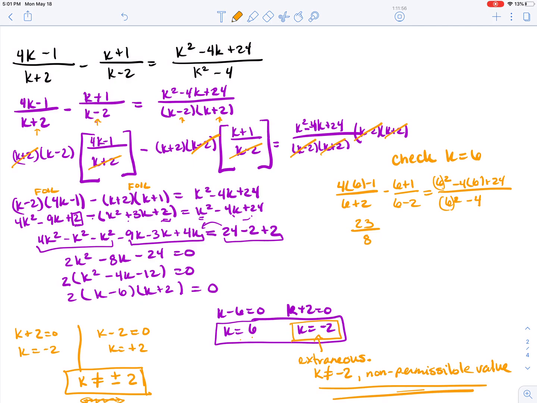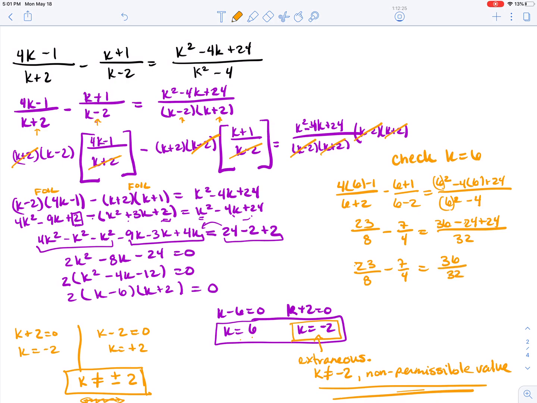23 over 8 minus, I have 7 over 4. And I have 36 minus 24 plus 24 over 36 minus 4, so that's 32. So that leaves me with 23 over 8 minus 7 over 4, which is equal to 36 over 32.